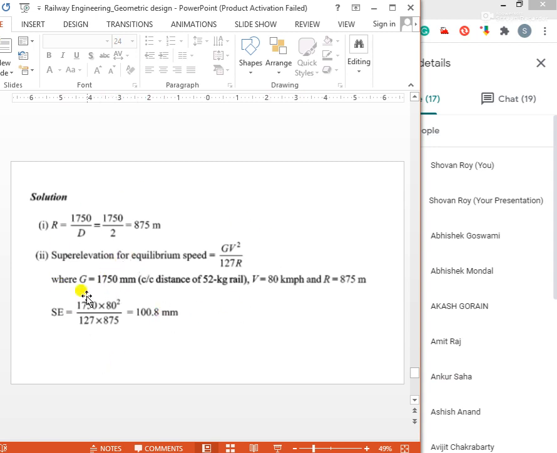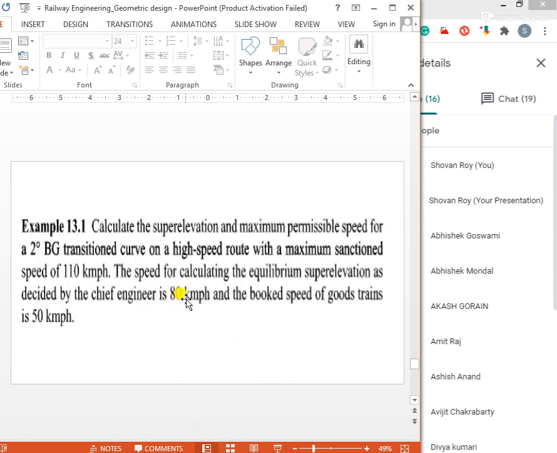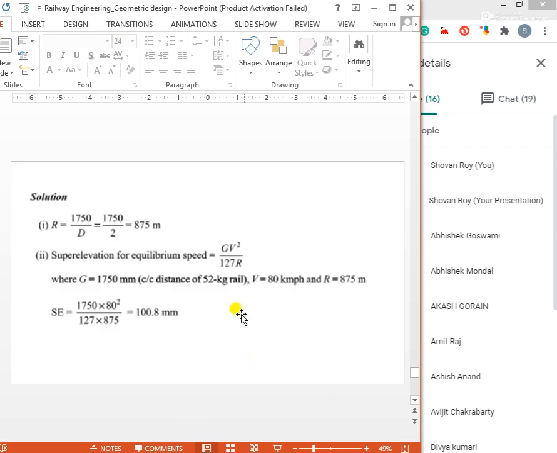G value for broad gauge is 1750. Now we are calculating super elevation for equilibrium speed, which was given in the question as 80 km per hour. So V should be 80 km per hour, and R is already calculated. R value is always the same.